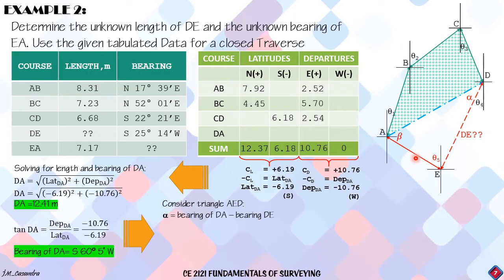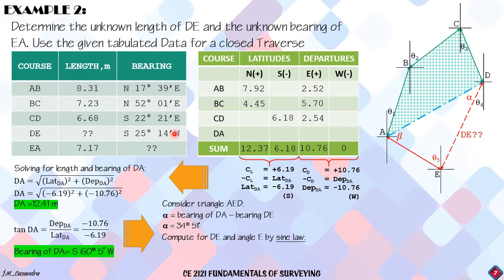From the diagram, alpha is equal to the bearing of DA minus the bearing of DE, and we know the bearing of DE. So we can get alpha now as 34 degrees 51 minutes.